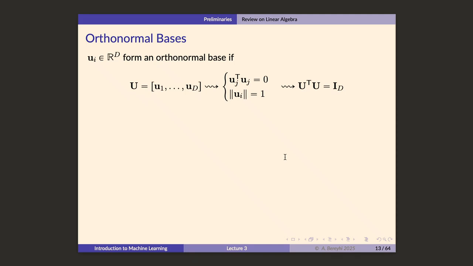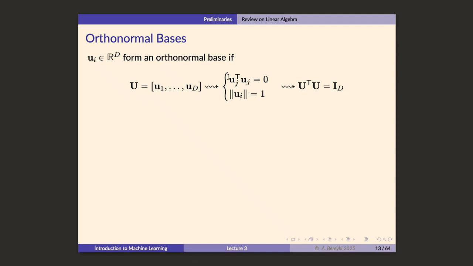First thing is about the orthogonal base, or orthonormal base. So what is an orthonormal base? If you are in a d-dimensional space, you have d different vectors, right? And these different vectors have this property that they are orthogonal to each other. What do I mean by being orthogonal to each other? It simply means that their inner product is 0, correct?